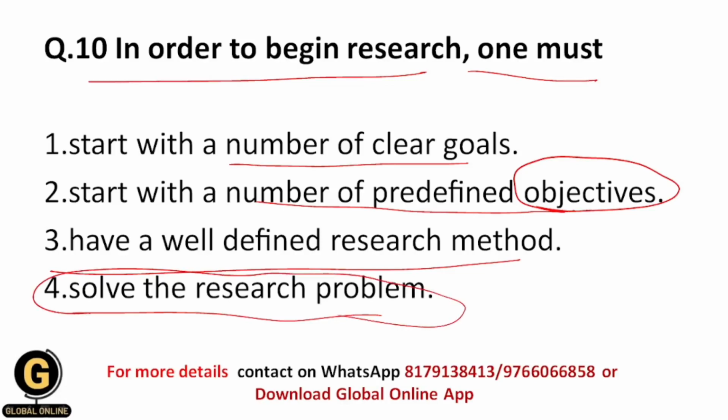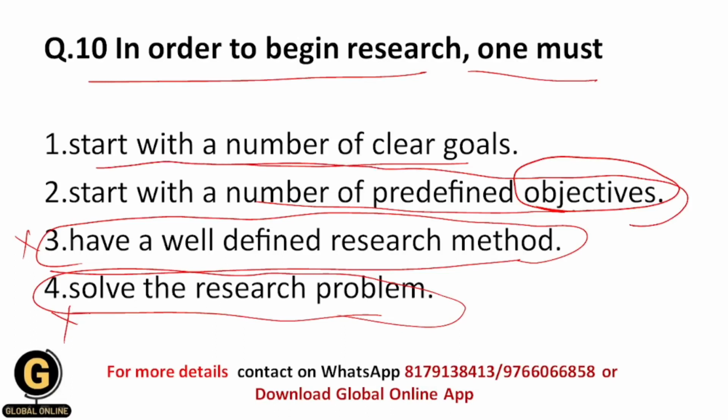Because it is the main objective of that research that we have to solve that research problem, but this is not the step, so this is incorrect. Have a well defined research method. So yes, we should have a well defined research method, but for that we have to have some objectives before that, so this is also incorrect. Start with a number of predefined objectives.